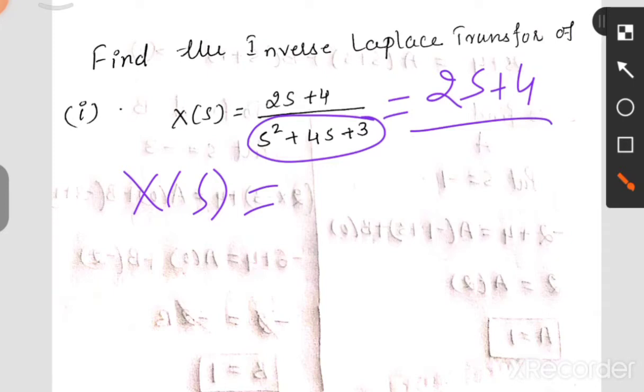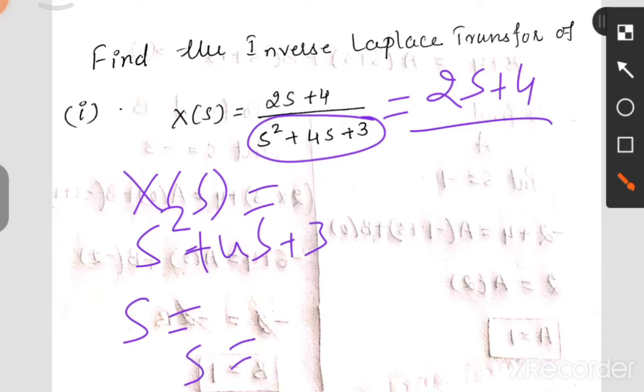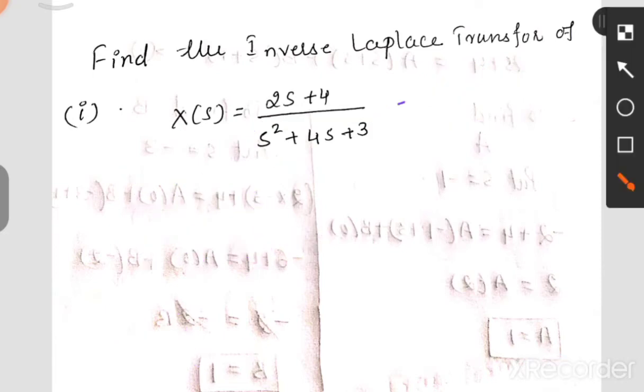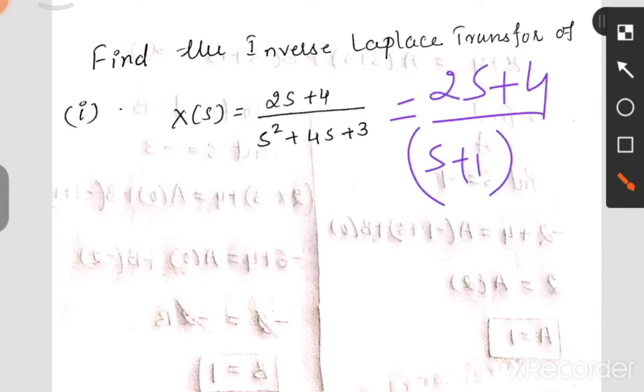Take a calculator, solve the quadratic equation s square plus 4s plus 3, then get the value of s over here. s will be minus 1 and minus 3. Therefore the factors of this denominator we can write as s plus 1 and s plus 3.